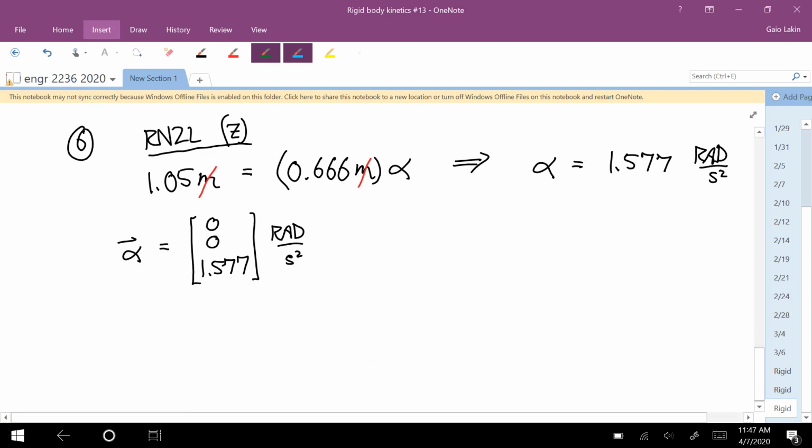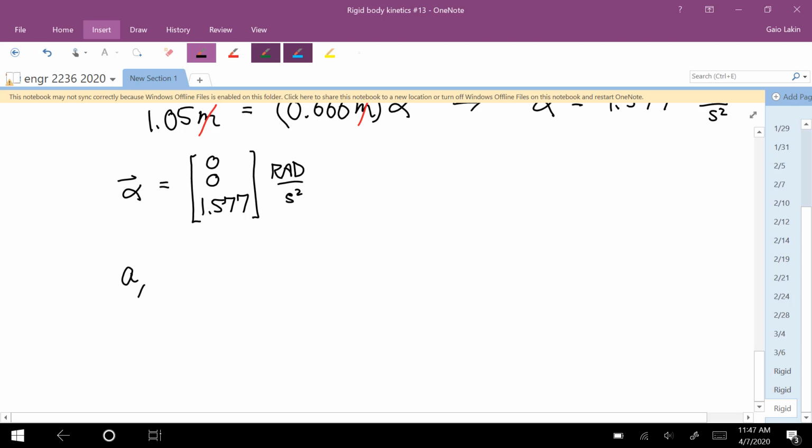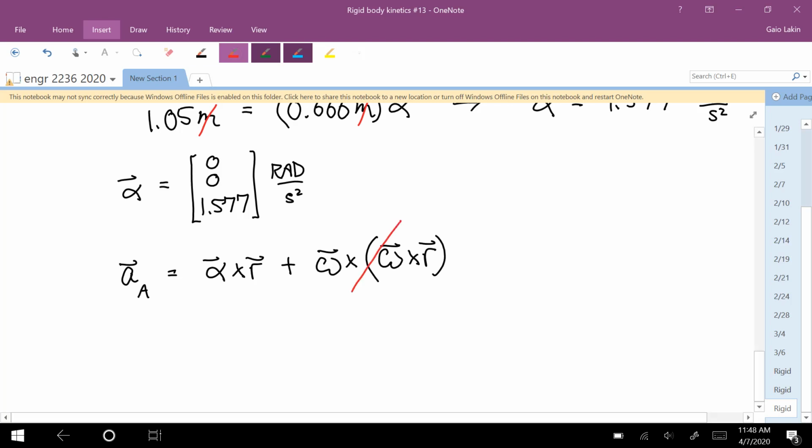So all we have to do now is, the acceleration of the point A is going to come from the watermelon equation. And since there's no angular velocity, this term is going to go away. And so this just comes out to be 0, 0, 1.577 crossed with an r vector.